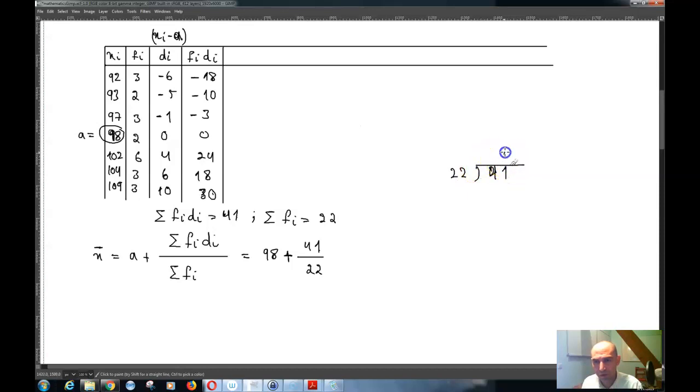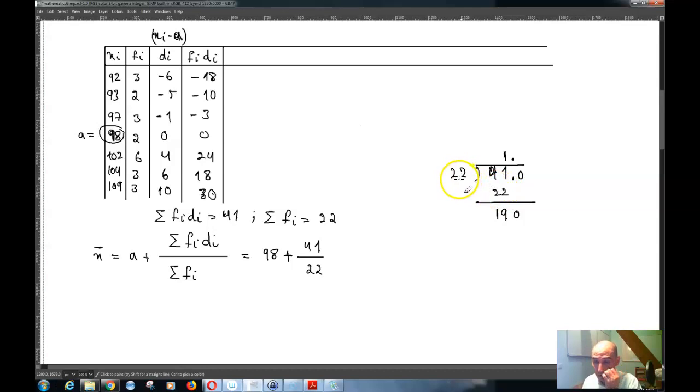So 1 times 22 is equal to 22, and then you have 19, remainder 18.